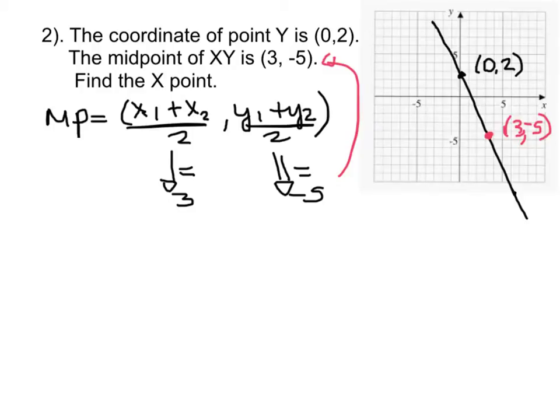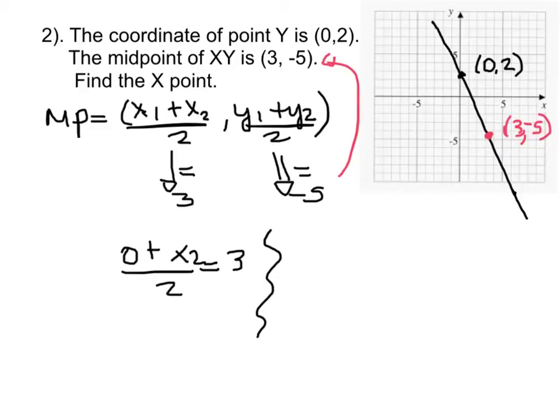So x1 is 0. Can you see it here? Okay, 0 plus x2 into 2 is equal to 3.